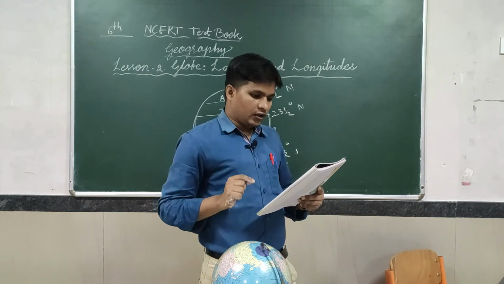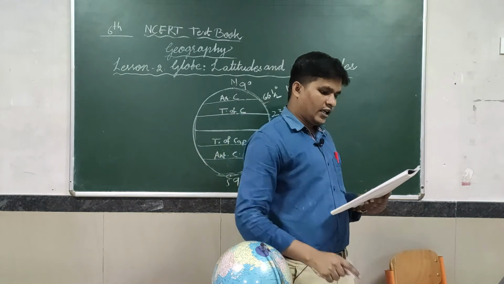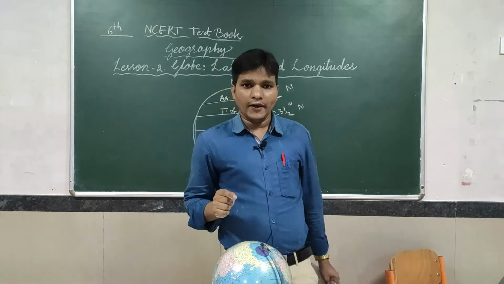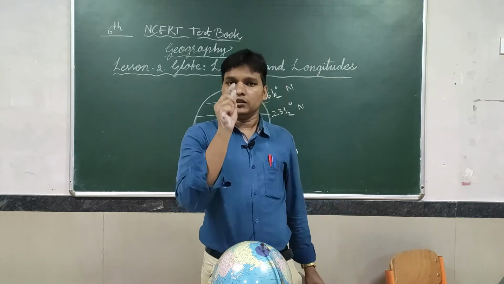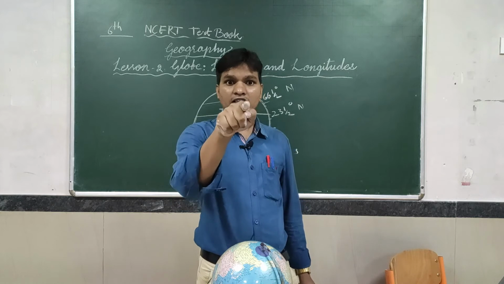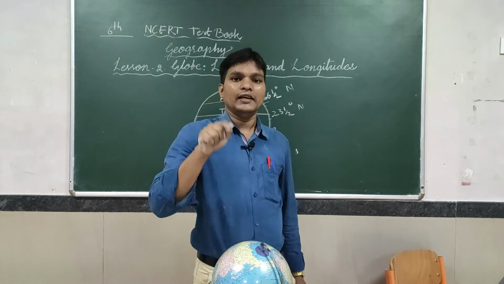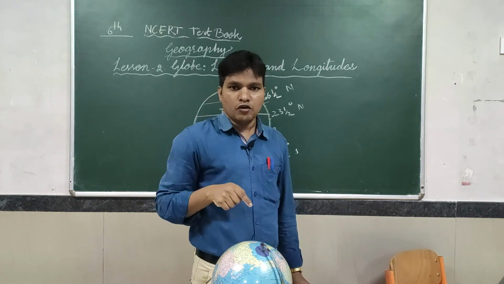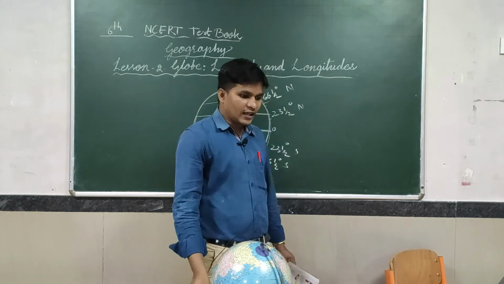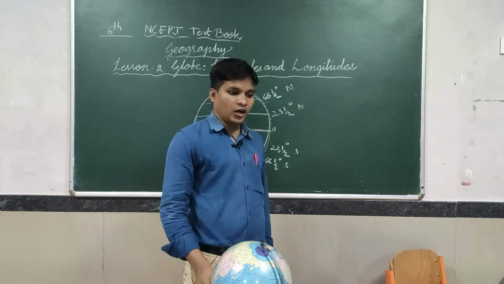This area therefore receives the maximum heat and is called the torrid zone, where the sun rays fall straight. So the area which receives the maximum heat is called the torrid zone.